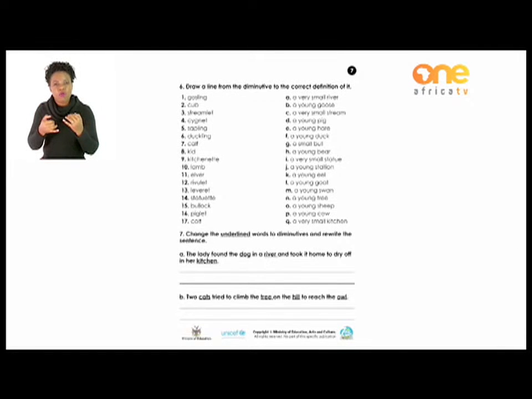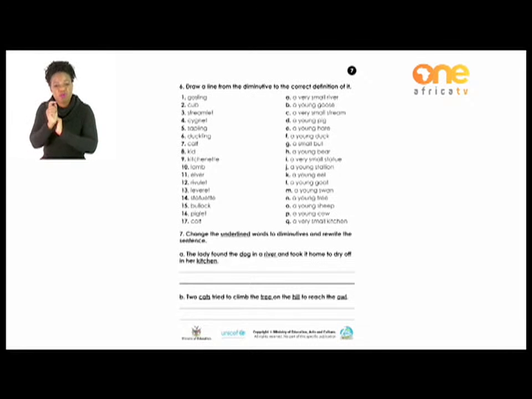The lady found the dog in a river and took it home to dry off in her kitchen. The underlined nouns there are dog, river, and kitchen.